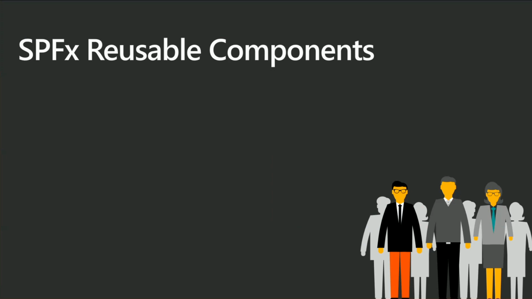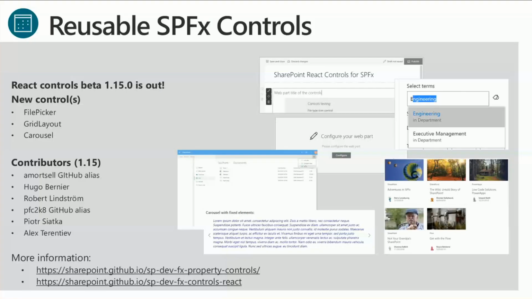SPFx. From an SPFx perspective, PnP has been working on the reusable components for a while now, and we are already improving and always improving the reusable SPFx controls. Now we have version 1.15.0, which is out nowadays, and which includes some new controls, like, for example, a file picker, a grid layout, and a carousel control.